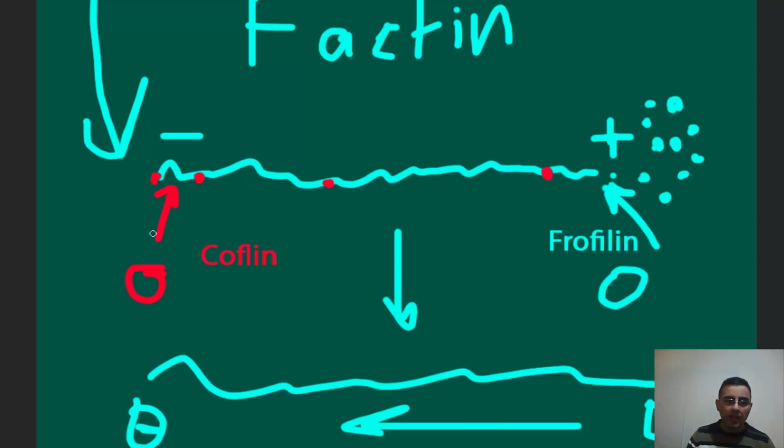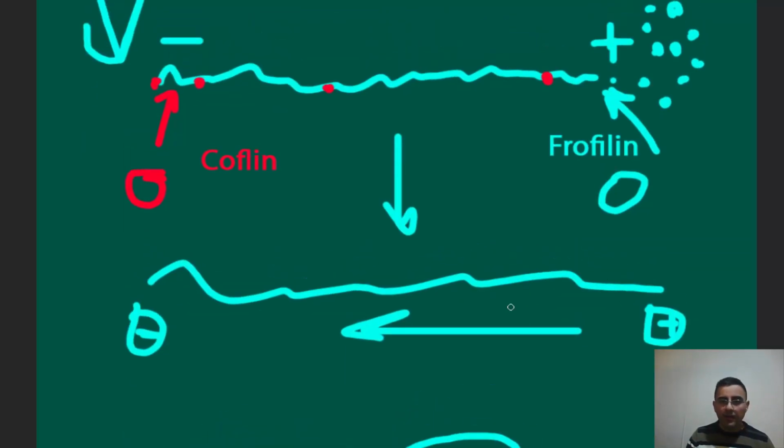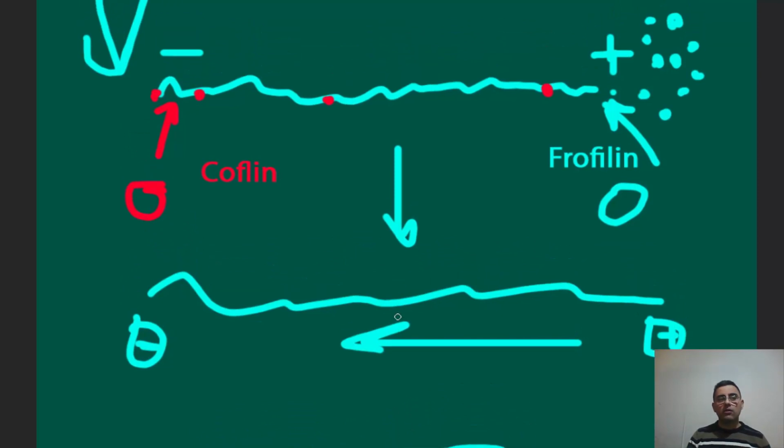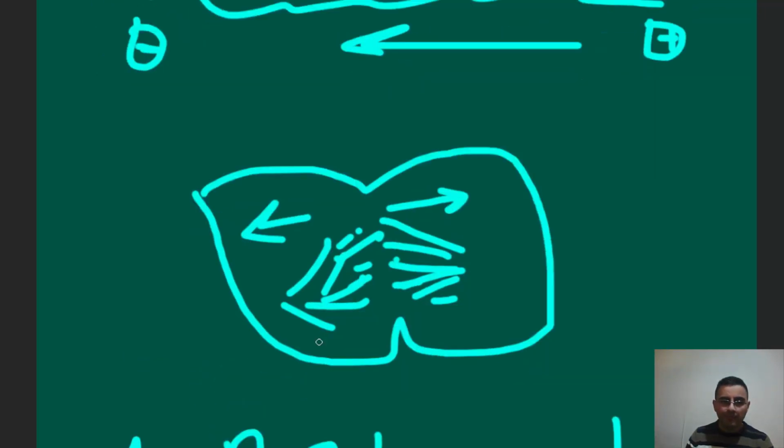Assembly at this side, and cofilin is the protein which promotes disassembly at the minus side. So this process is dynamic, always assembly and disassembly of microfilaments, and this promotes movement of organelles.